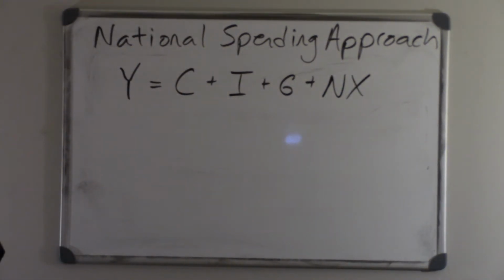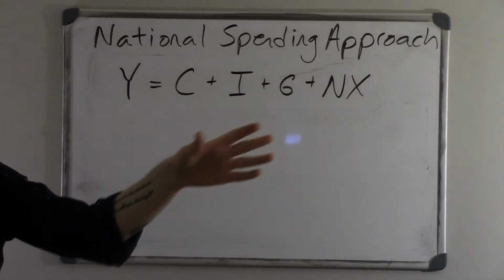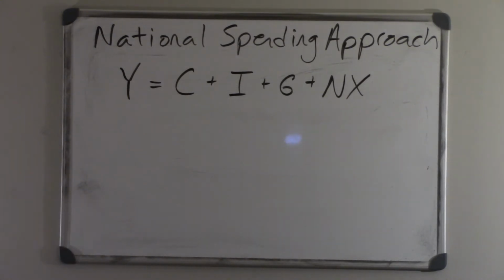So this equation is the national spending approach. We're going to talk about each of these things. First, I'm just going to tell you what each of these things are, and then we'll talk a little more in detail about them.